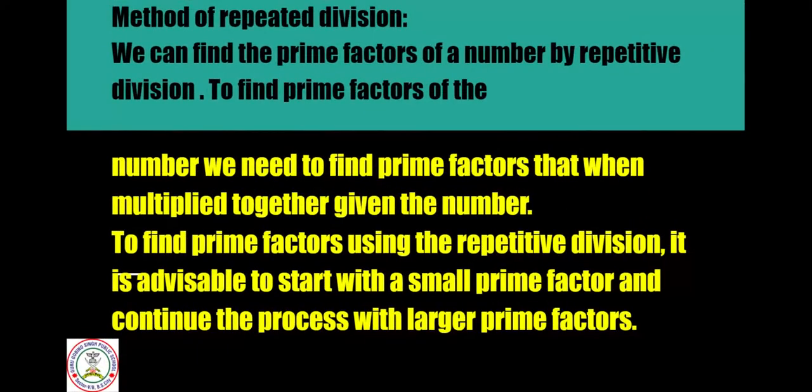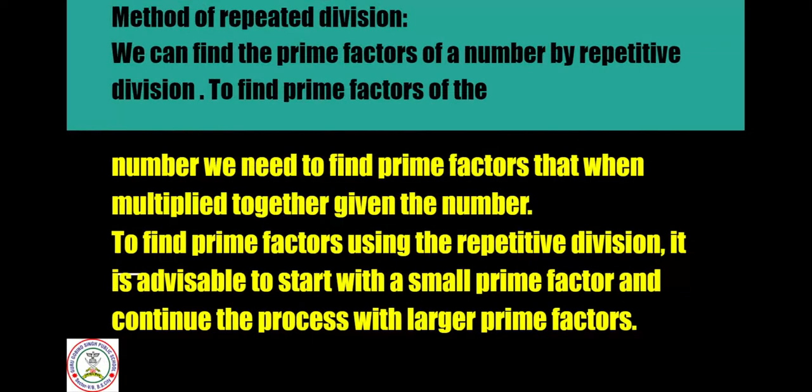Now we will learn the method of repeated division. We can find the prime factors of a number by repetitive division. To find prime factors of the number, we need to find prime factors that, when multiplied together, give the original number. The basic elements of all the numbers are the prime numbers.